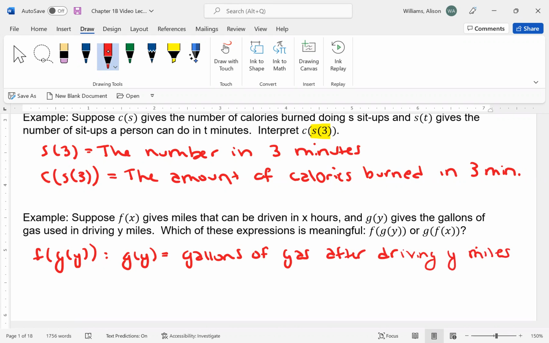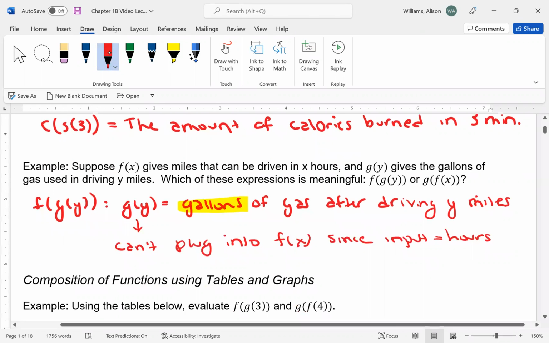You see, X happens to be hours. This is not finding hours, it's finding gallons. So I can't plug this into F of X, since the input in this case needs to be hours. Okay, now let's try the other way.